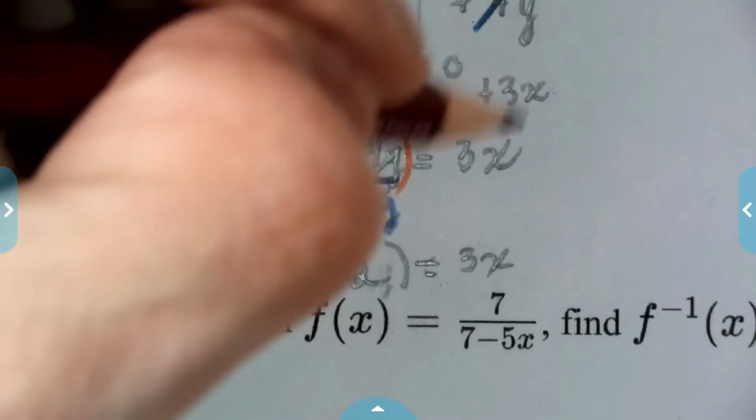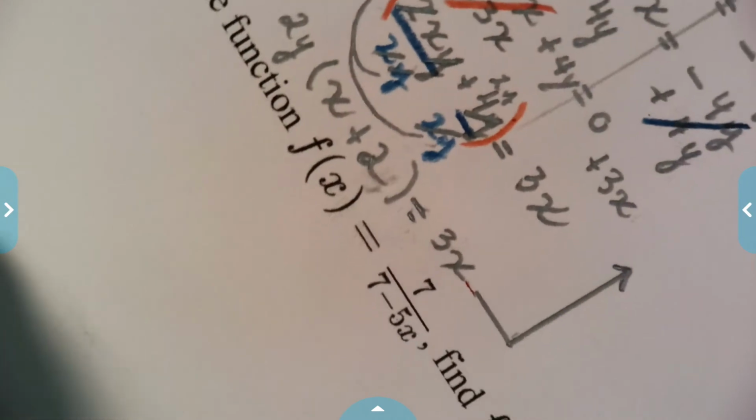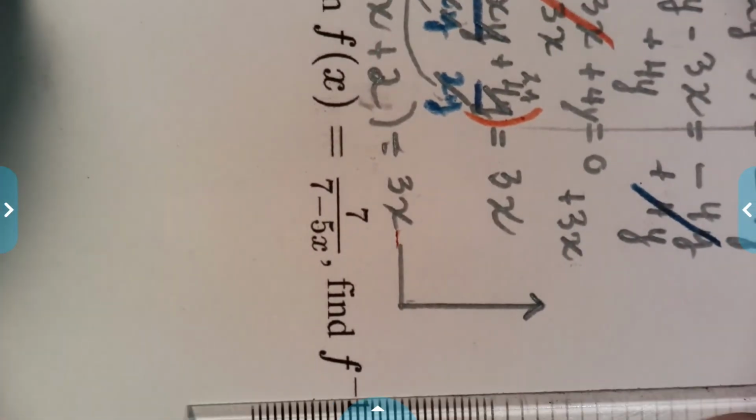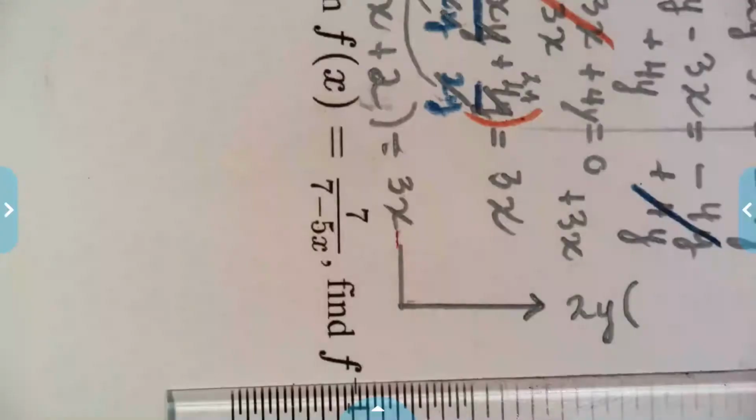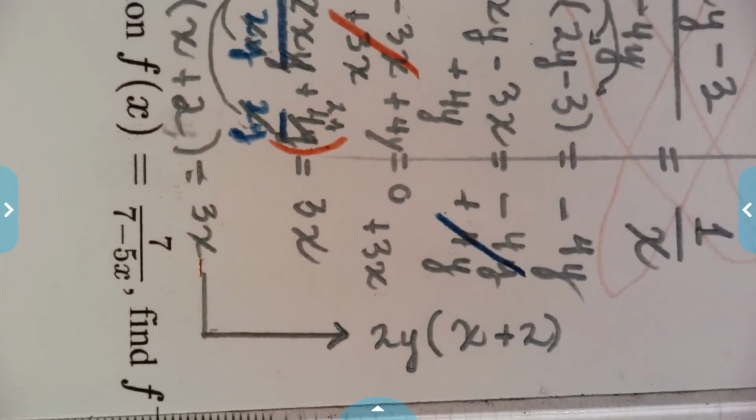So what I'm going to do is move this problem over here. Okay, and we're going to rotate the paper a little bit. And let me rewrite the problem just so we can see it. We have 2y, open parentheses, x plus 2, okay, and that equals 3x.